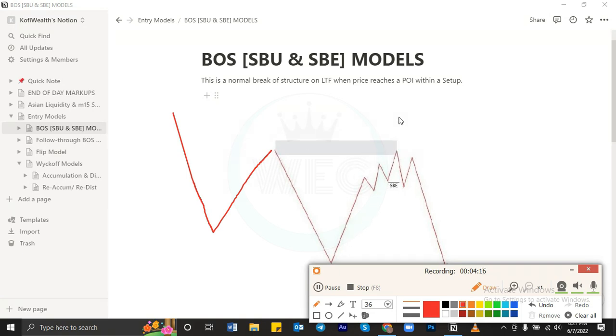Price comes into the supply zone, and what I'm going to be waiting for is for price to make that minor break of structure, which I term as a sign of bearishness. Then I can look for entries right here to take the trade to the downside. So that is the first model that I use.